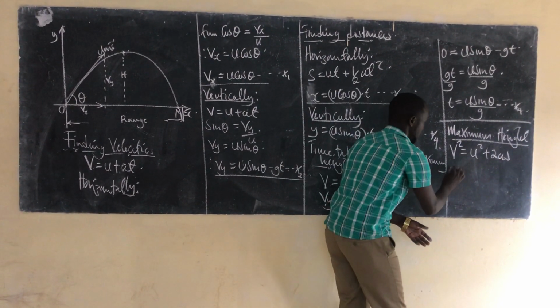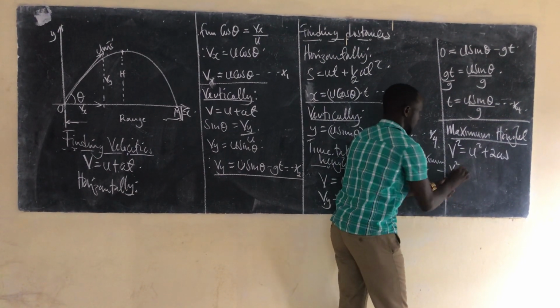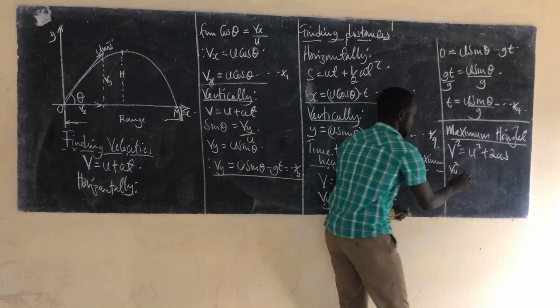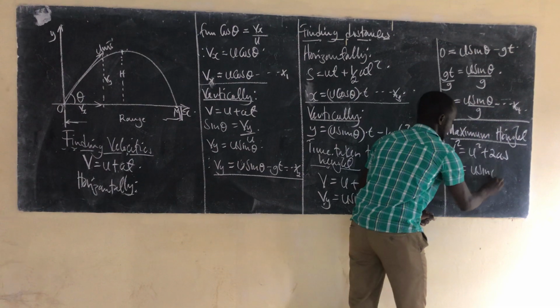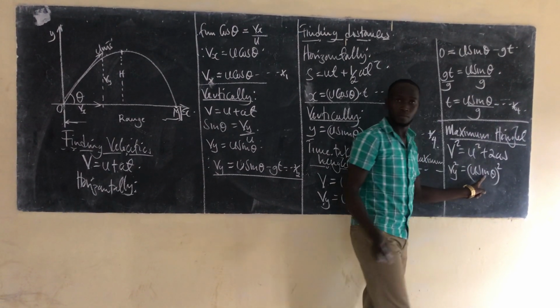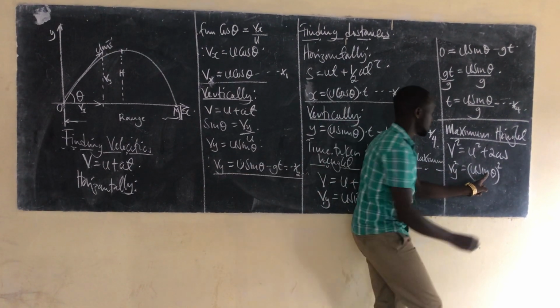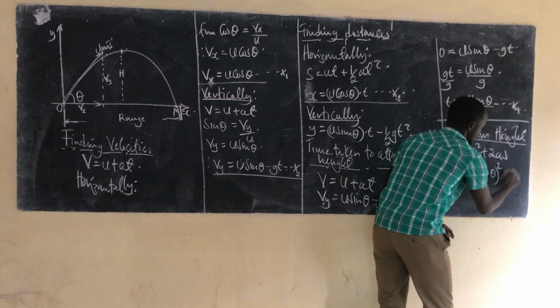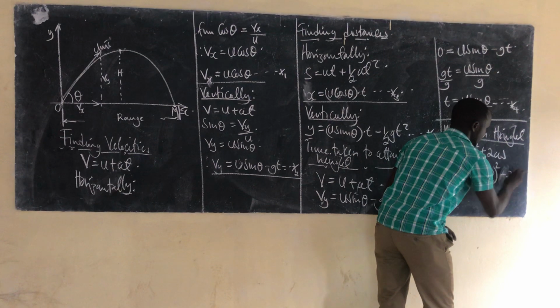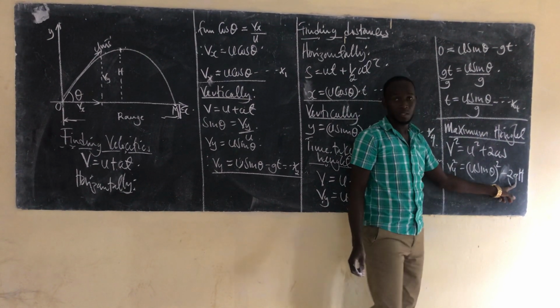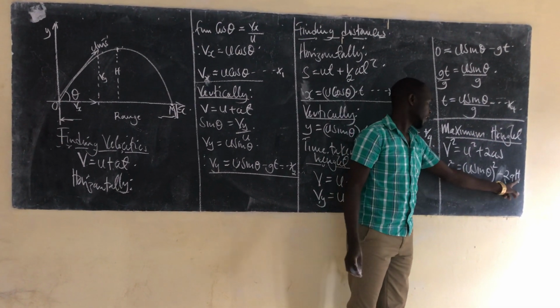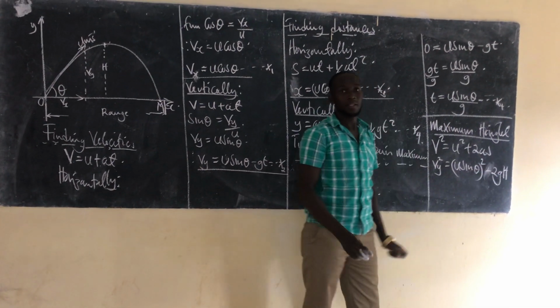So we shall have vy squared, which will be 0, the same as u sine theta squared. Hope it is very clear. After that, we say minus 2gh. Minus because it is opposing the gravitational pull. h because h represents the displacement.